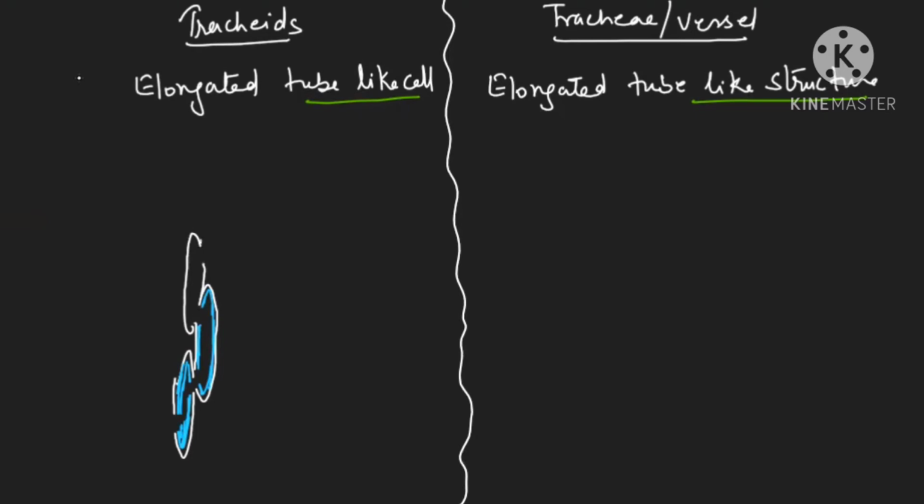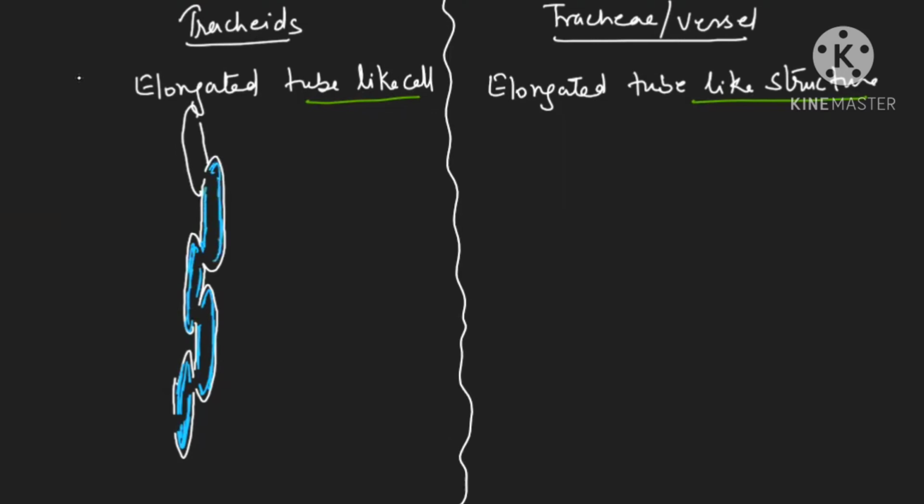Then this way the next fiber. So the pit pair is coming in contact, and this is how the tracheids are made. This is how nature is making the tracheids by using fibers.